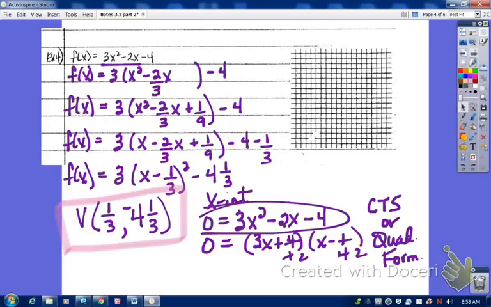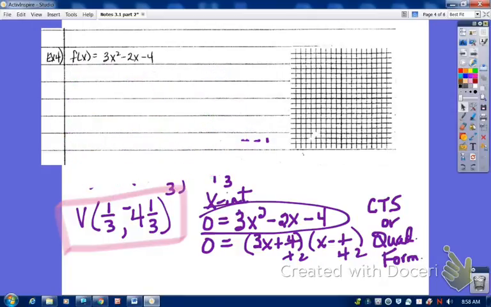Okay, we got to move on. So we're going to do the quadratic formula here. What's the a value? 3. What's the b value? -2. What's the c value? -4. Next question is, what's the quadratic formula? Yeah, I'm going to have to erase again.